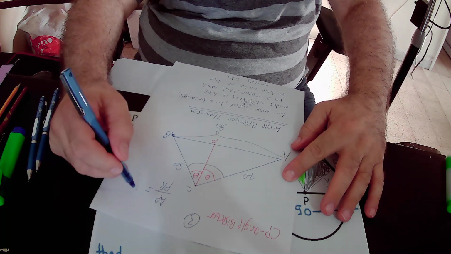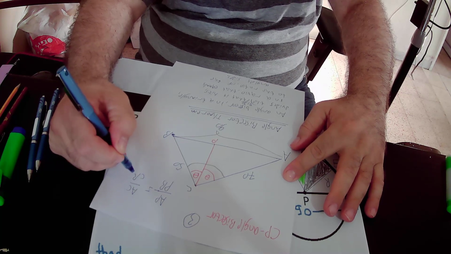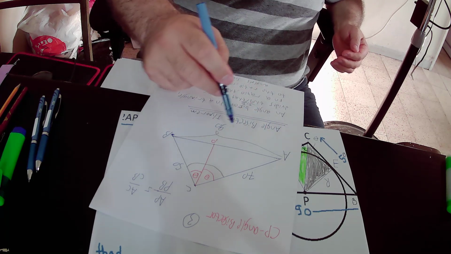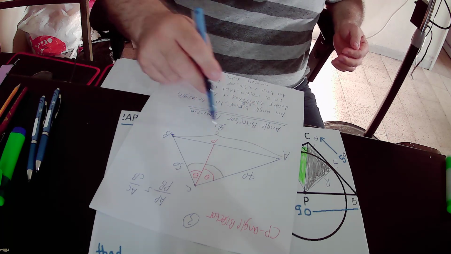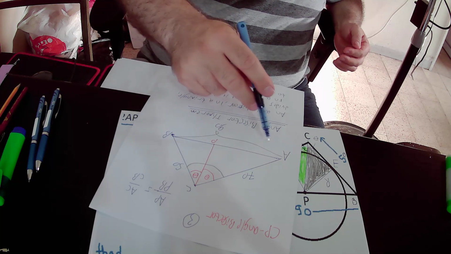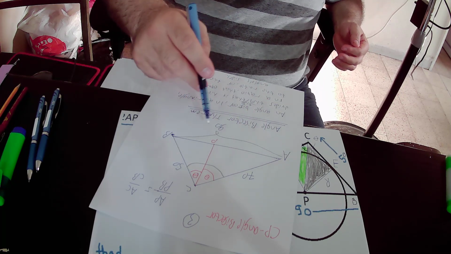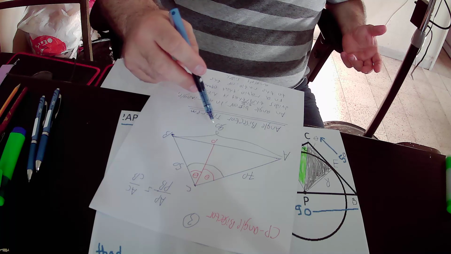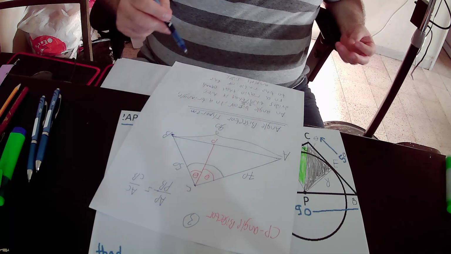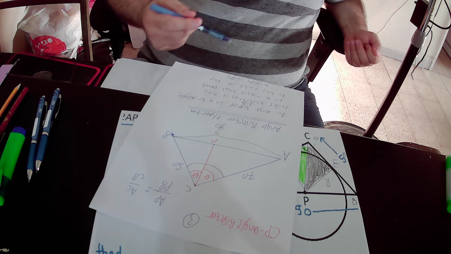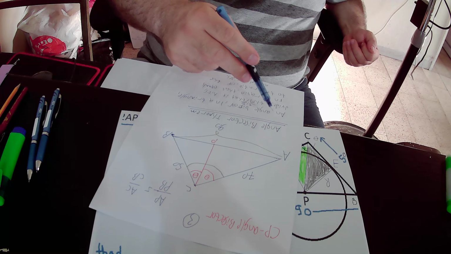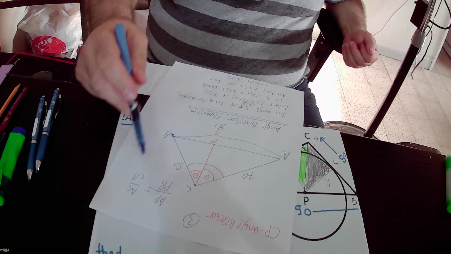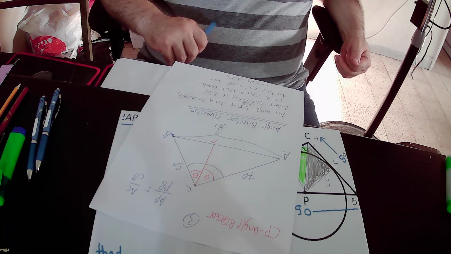So AP over PB, the ratio that angle bisector CP divides side AB, equals the ratio of the angle's sides, AC over CB. So AP over PB equals AC over CB. Okay?